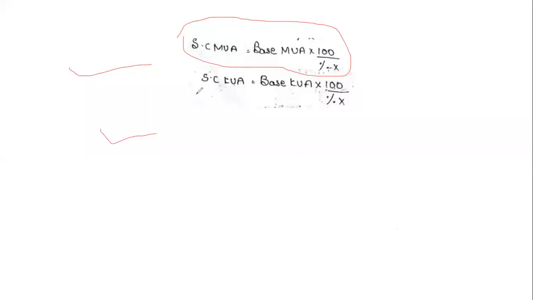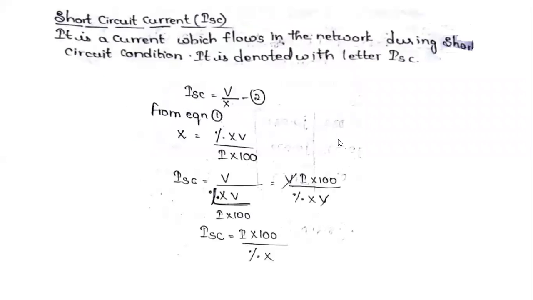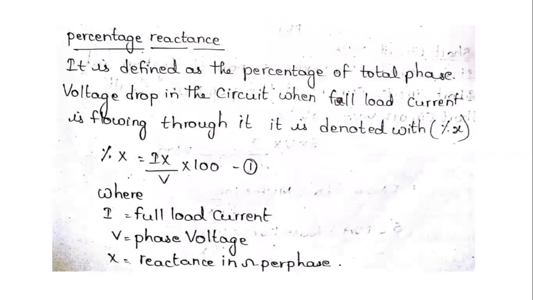And short circuit KVA is equal to base KVA into 100 by percentage X. These are the various formulas for calculating the short circuit currents in any circuit or network.